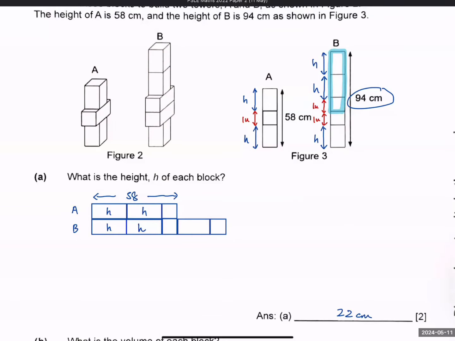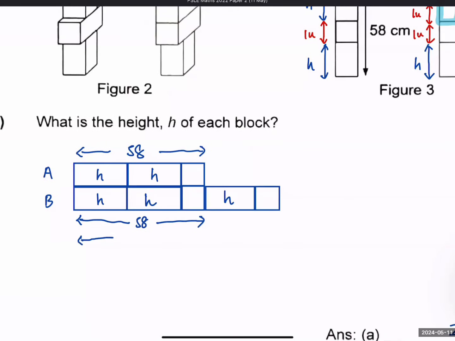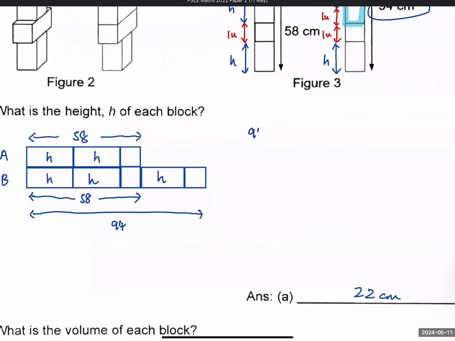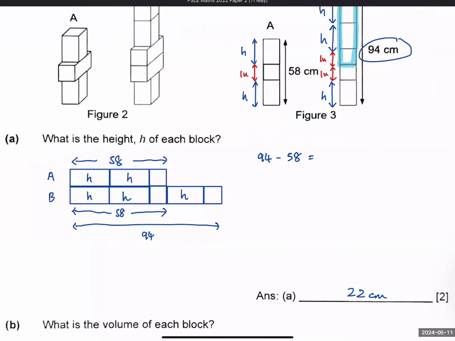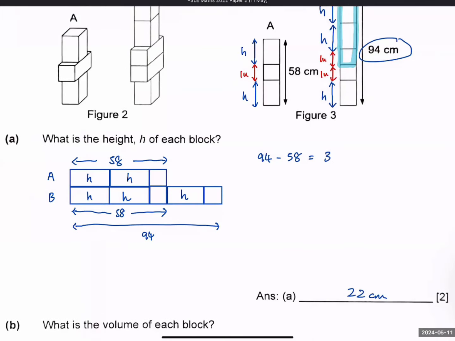This is what makes up my B. We know that this part here is 58. And we know that the total here is 94. So what am I actually finding when I take 94 minus 58? I'm finding this part here. Correct?